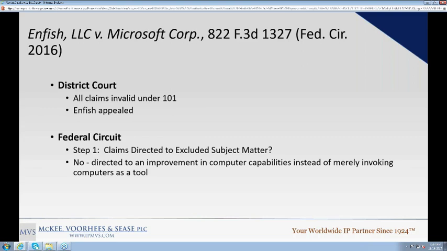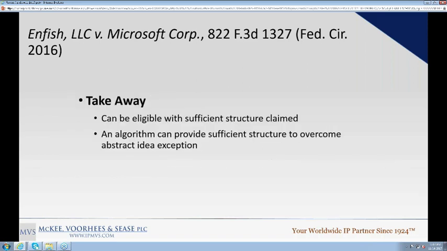And I think what surprised a lot of people was that the court said, no, they're not. They're directed to an improvement in computer capabilities. And that is sufficiently defined by this algorithm in part and by this means plus function claiming. And the court held that the claims were valid.